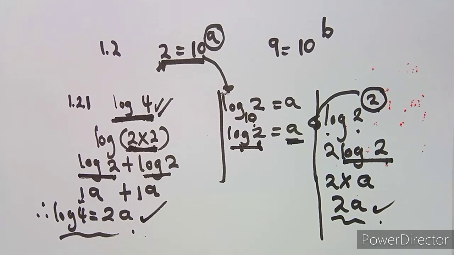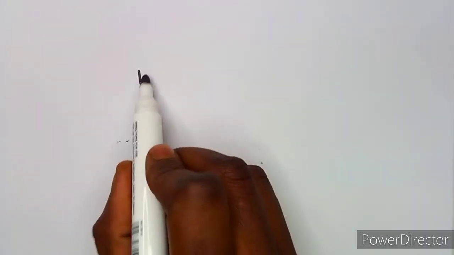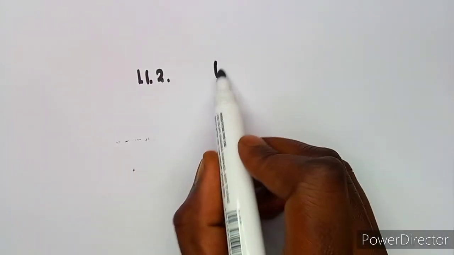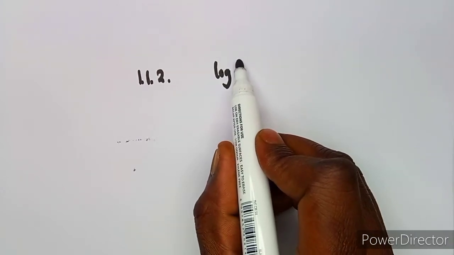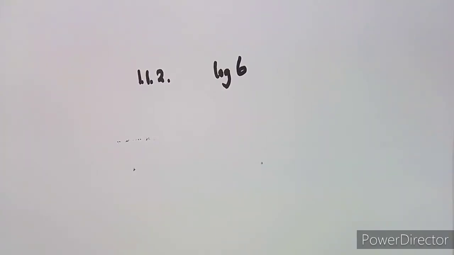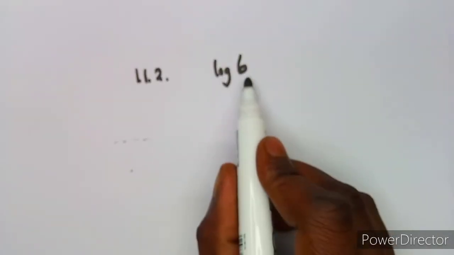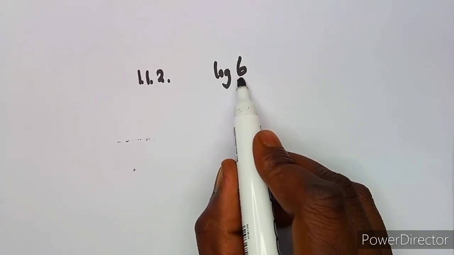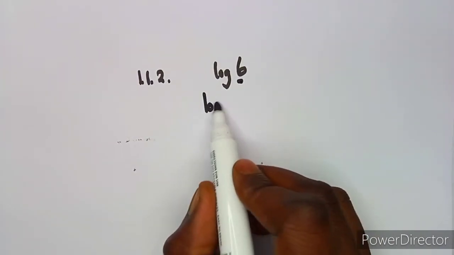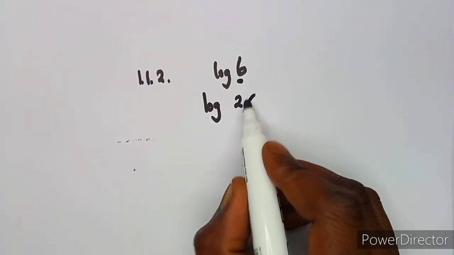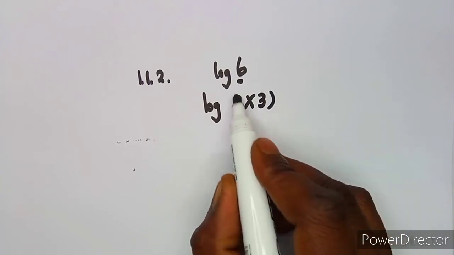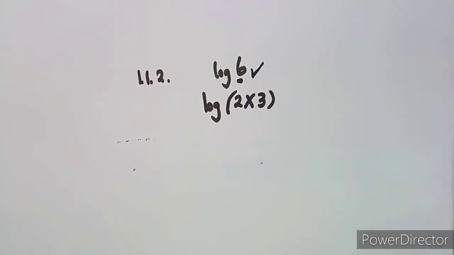Let's see log 6, which is on 1.12. We need to find log 6. So what are the possibilities of obtaining log 6? Okay, log 6, if we expand this 6, you'll see that we have something like log 2 times 3. If you multiply these two numbers, you're going to obtain 6.